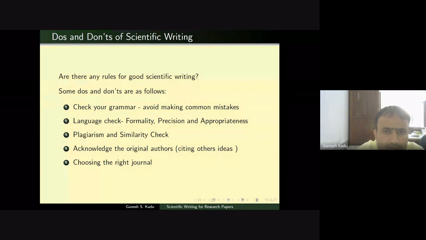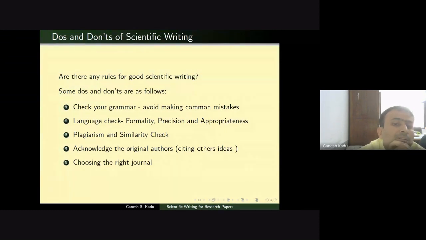There are many other ways of improving grammar. Avoid making spelling mistakes, for instance. These are things you must do, or else the reader will conclude that you are not serious about your writing. So this is a must.